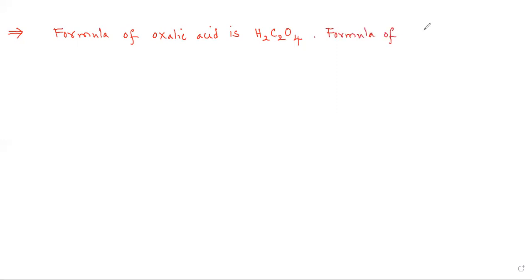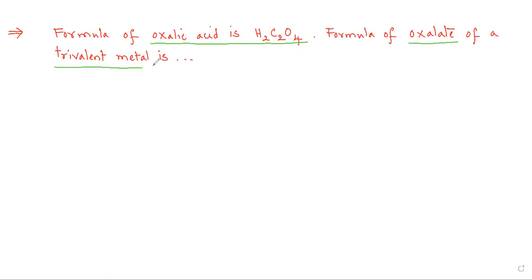Formula of oxalate of a trivalent metal is... Very interesting. They have given the formula of oxalic acid, from where you have to get the formula of the oxalate and you have to combine it with a trivalent metal.